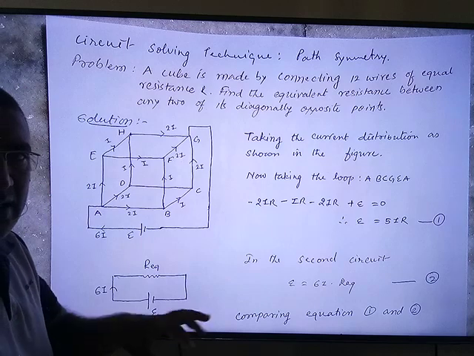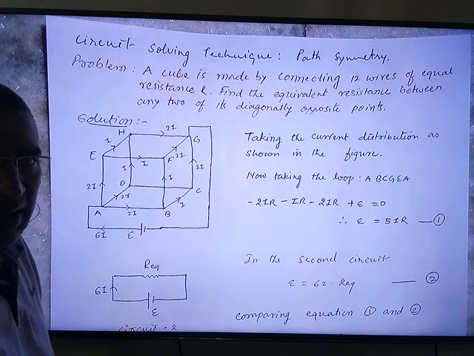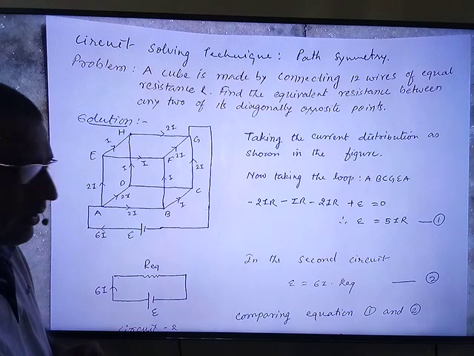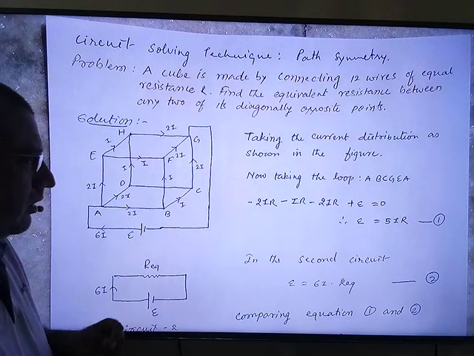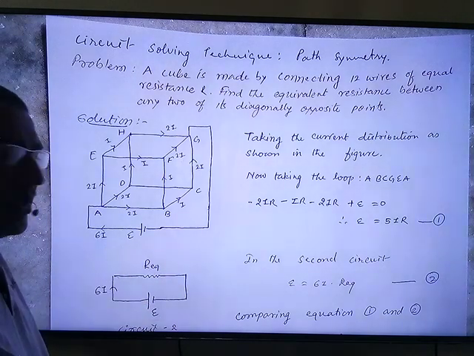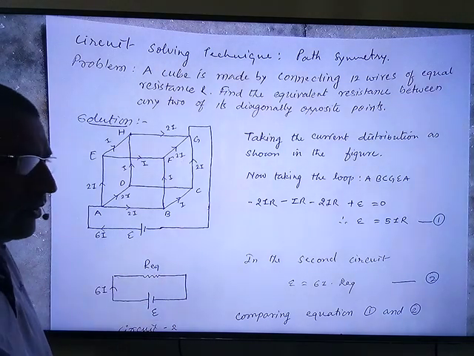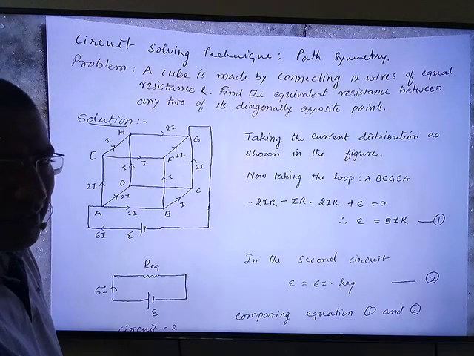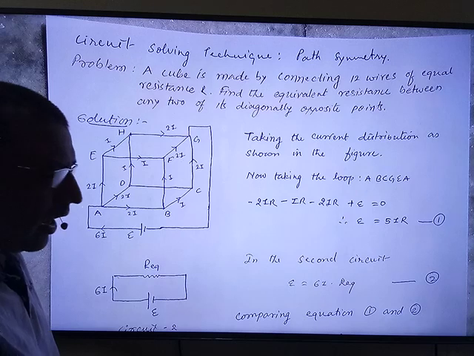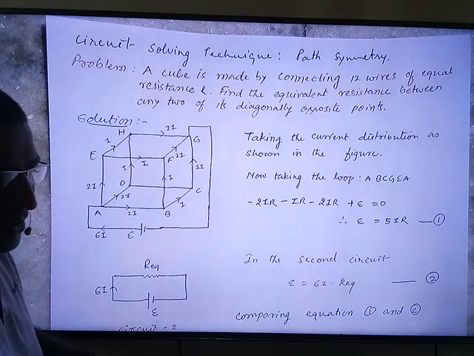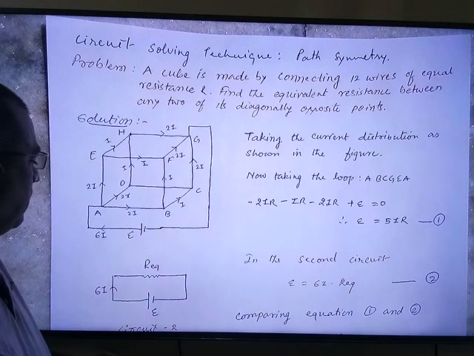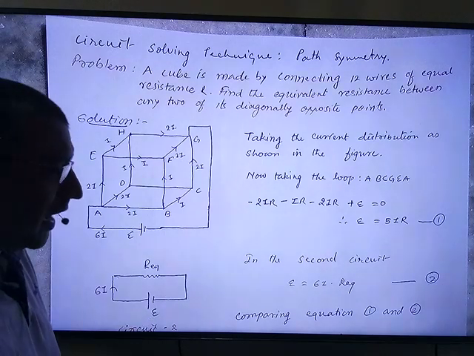Now what is the reason for taking 6I current flowing through the battery? You know, it is a path symmetry, and therefore I have selected 6I current flowing through the battery. Actually, there is no problem in taking I current flowing through the battery, but then dividing I into six equal parts or 3 equal parts would be falling into fractions.